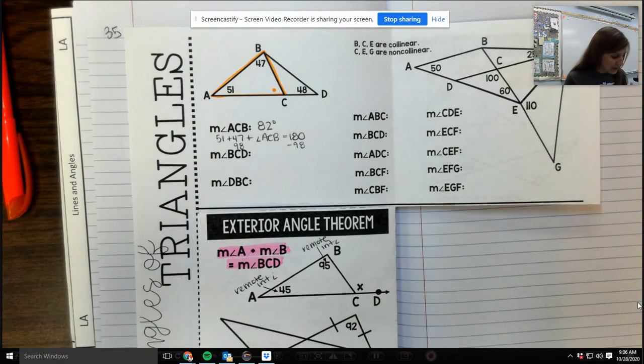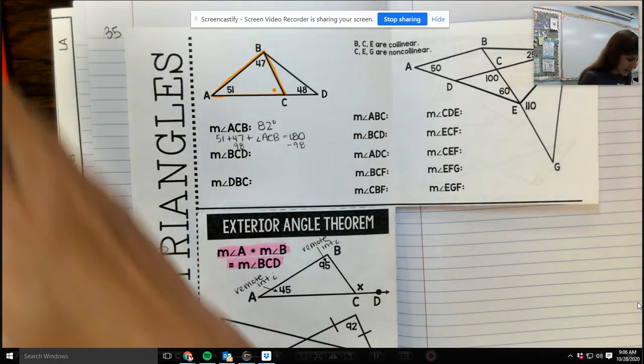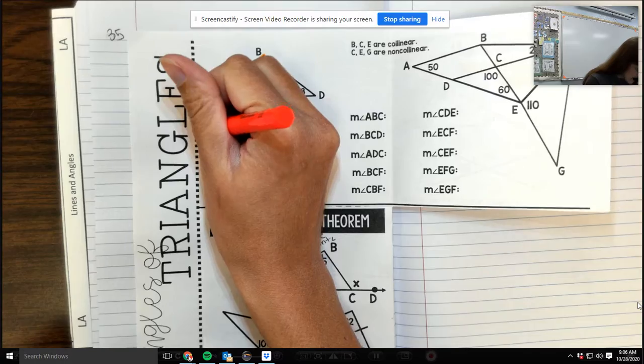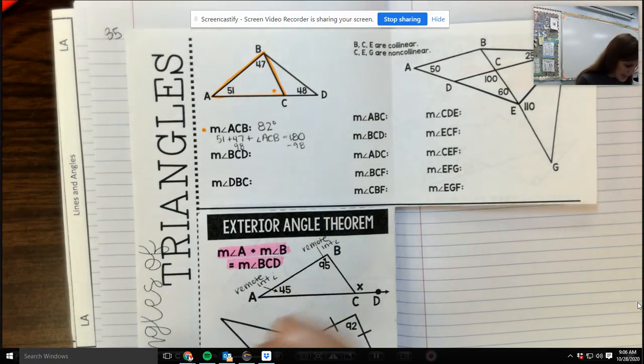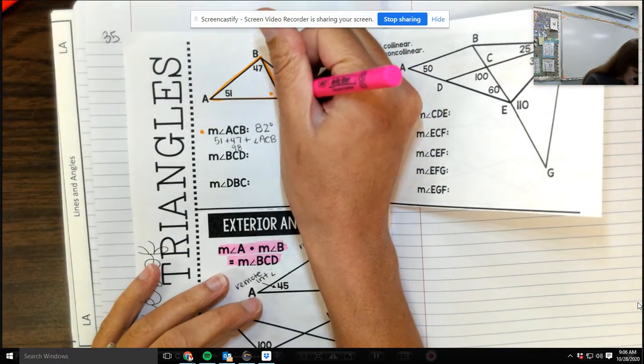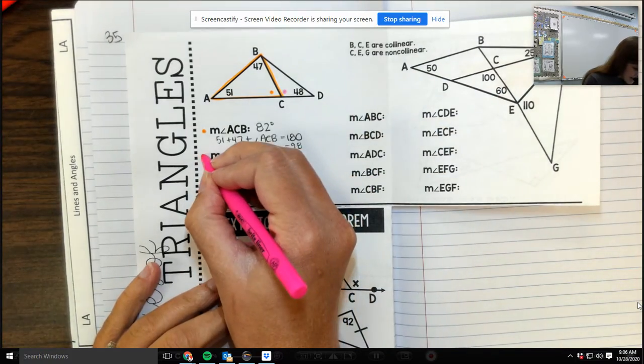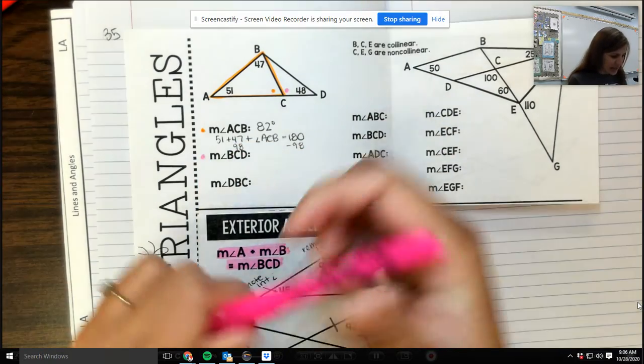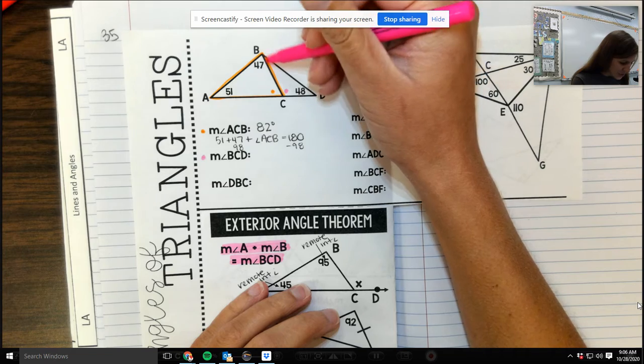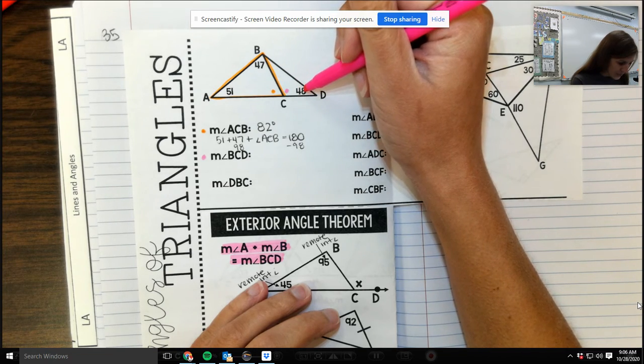Now that's helpful to me because when I go to do the next one, actually that was that one. The next one, BCD, is this one here. If I look inside that small triangle, I can't really do too much because I only know one angle.